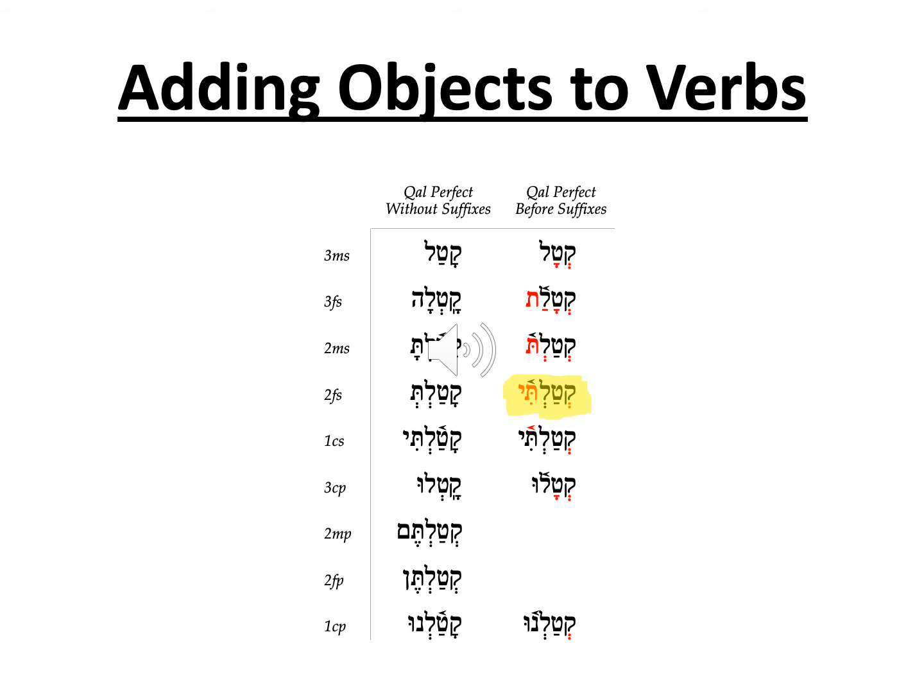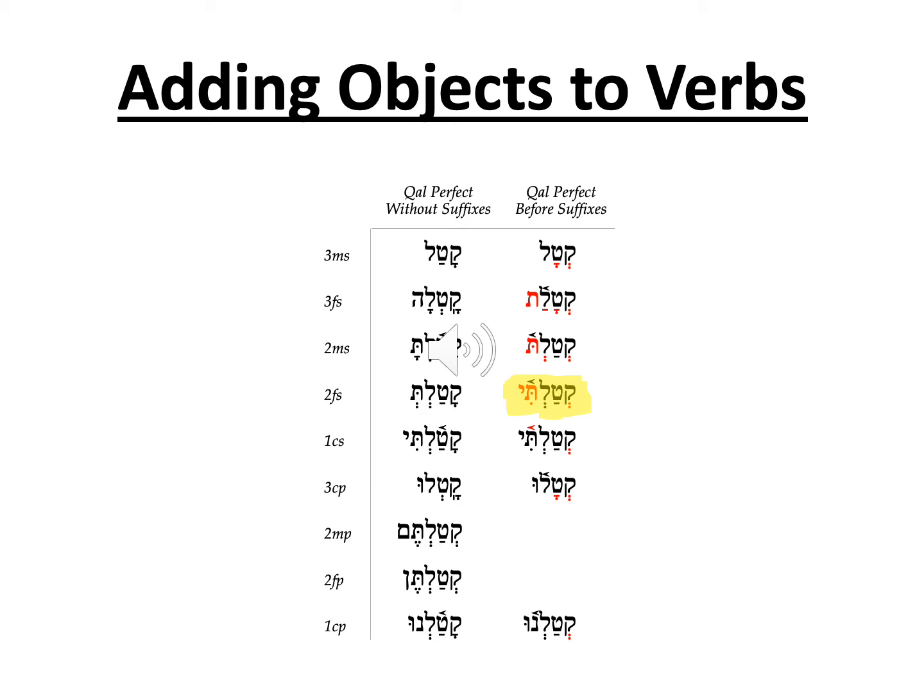Before we can affix an object suffix to a verb, we have to prepare the verb for the object. This is very similar to the way that we put nouns into a construct form, although there is no construct form in the verb. But it's very similar in that there is vowel reduction and the shifting of accents prior to the affixing of the object suffix.